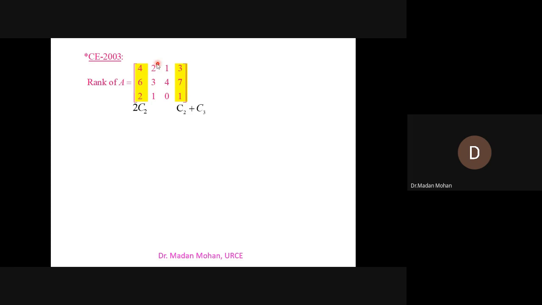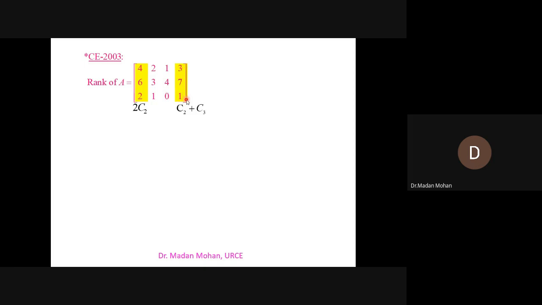Using these two, you are getting this, just like a x plus b y: K C2 plus L C3, with K value 1, L value 1. This also depends: 2 plus 1, 3 plus 4, 1 plus 0.